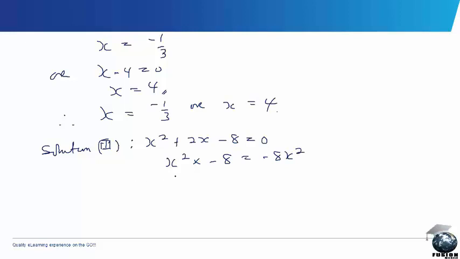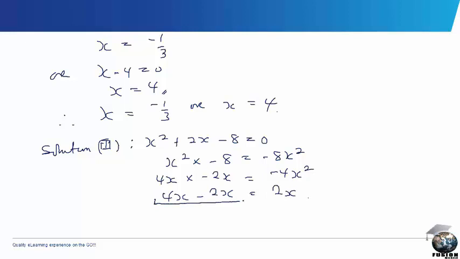So we start to look for values that could replace them, so that when you add or subtract you have 2x, and the first values that come to my mind are 4 and minus 2. Because I know 4x times minus 2x will give you minus 8x squared, but 4x minus 2x will give you 2x.